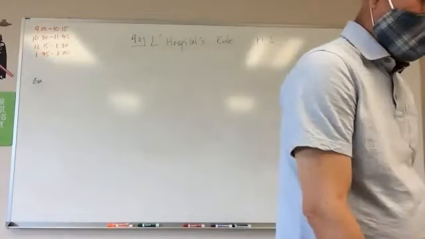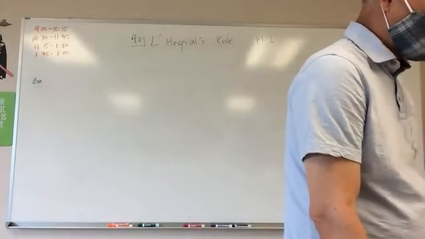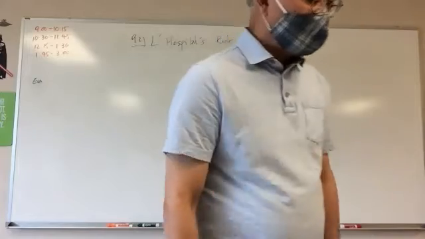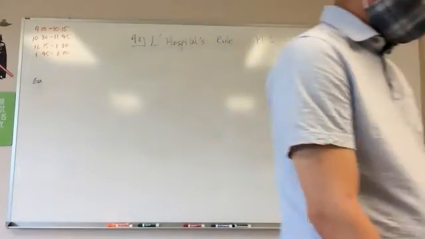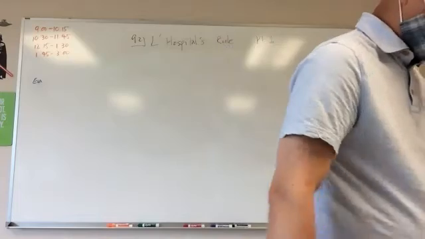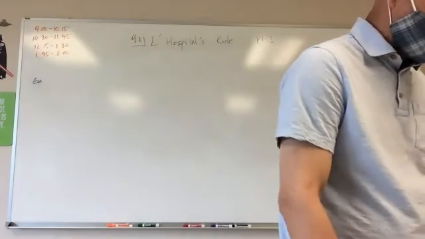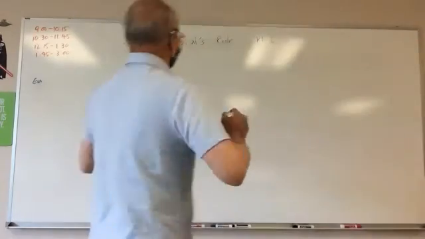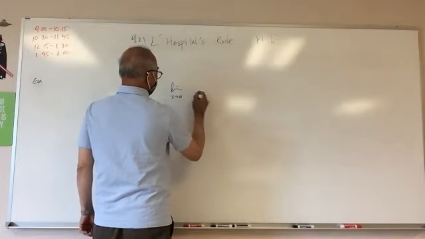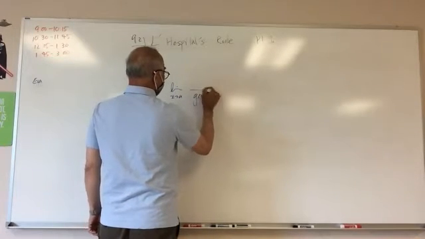So if you go to page 452, in the middle there is L'Hopital's rule, the first form. Suppose that f of a is equal to g of a is equal to 0. In other words, the limit when x goes to a of f of x over g of x.